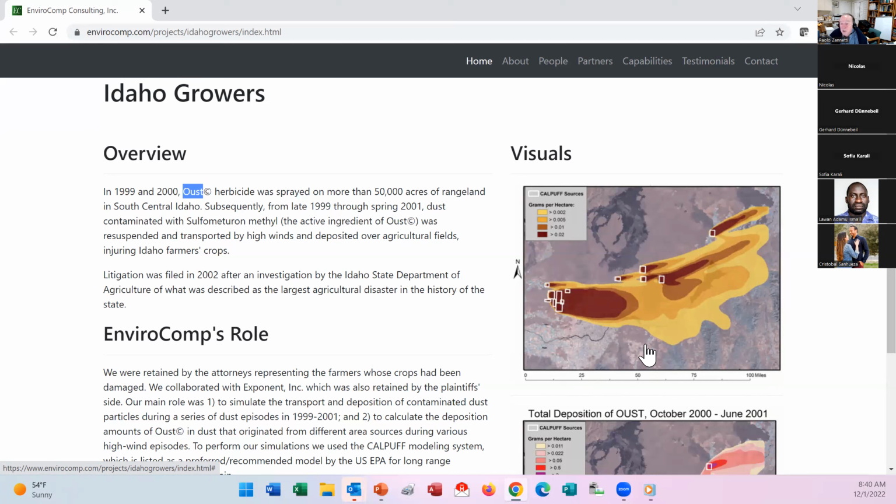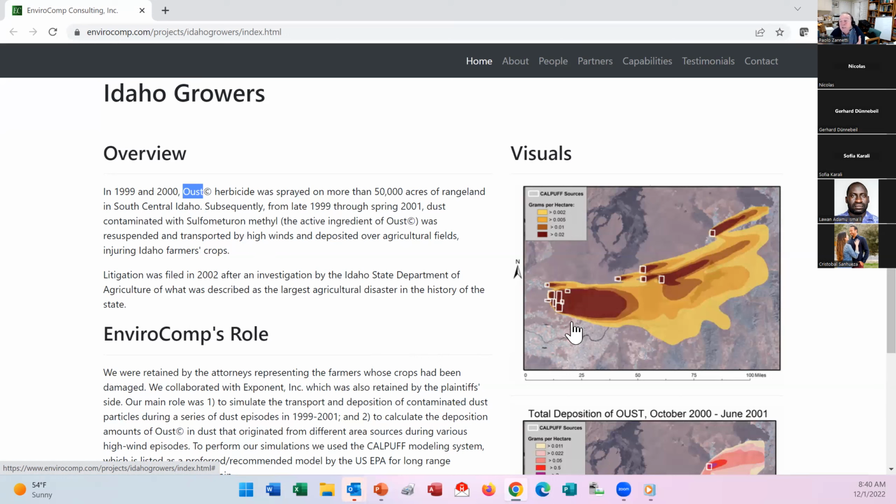So there was a big litigation against the State Department of Agriculture, who ordered the spray, and the manufacturer of Oust. And we had different modeling experts presenting different results of this contamination.